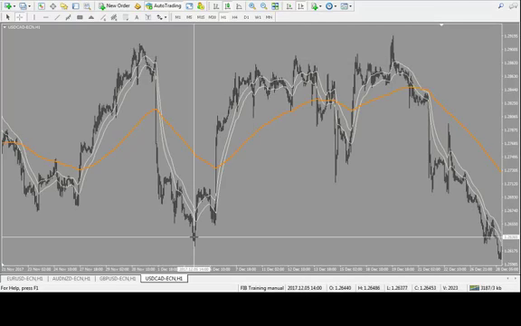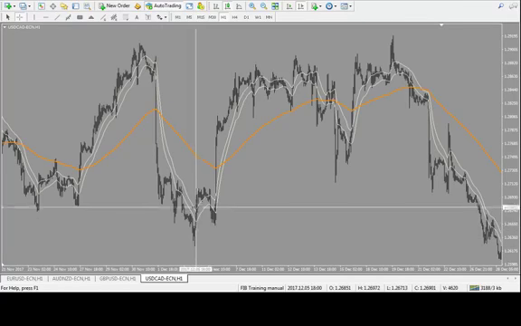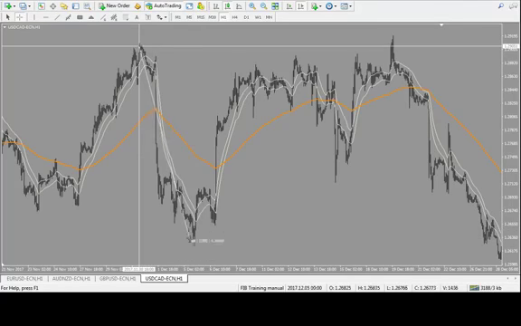You could only use it within a range if you drop down in a time frame. So perhaps here we've got a downtrend, but in the overall structure it was a range. You could probably have used that tool on that move, but you would have had to drop down in a time frame.